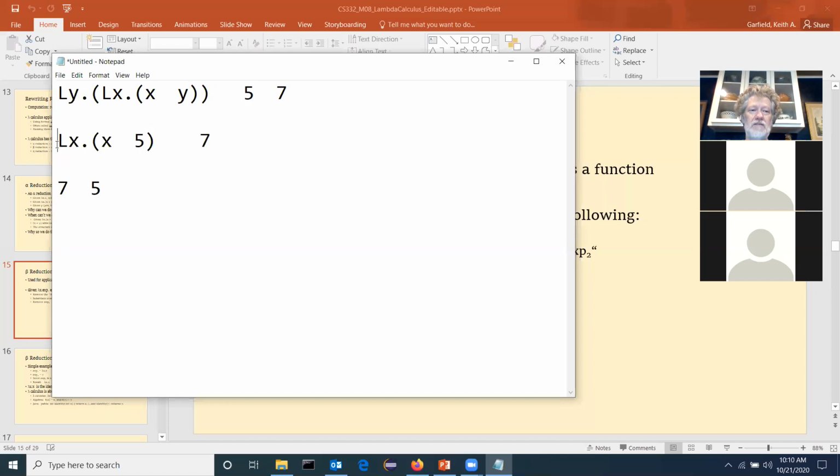And the expression on the left is a function, so we can use the beta reduction and get rid of the Lx dot, and everywhere I see an x in here, I replace it with 7, and I'm left with that. Now I'm done. I have a 7 and a 5, that's application, but the one on the left is not a function, so I can't use the beta rule.